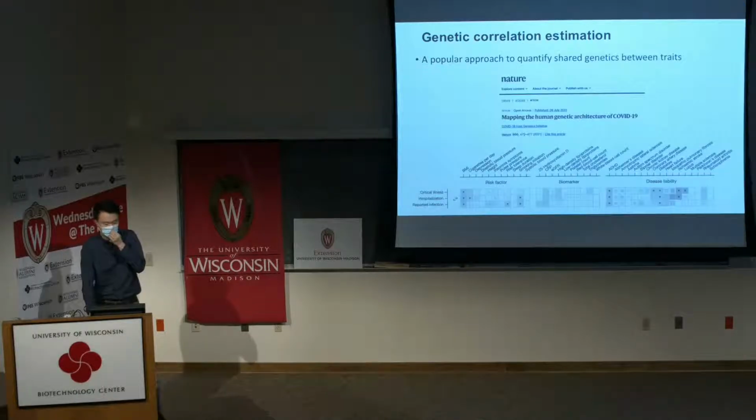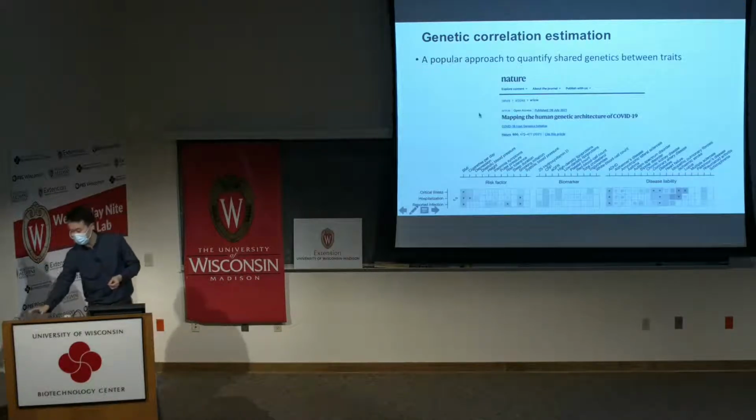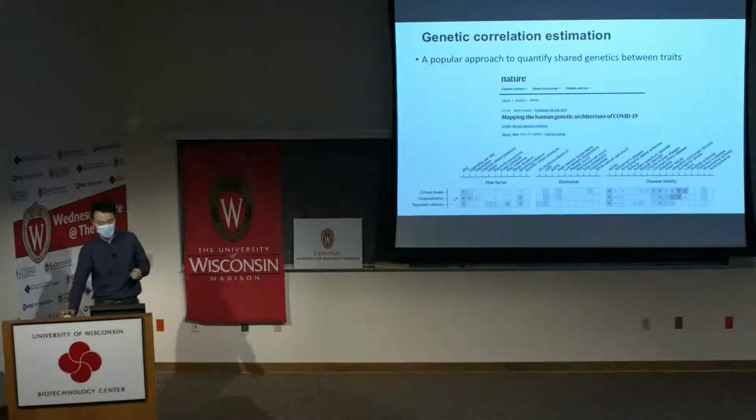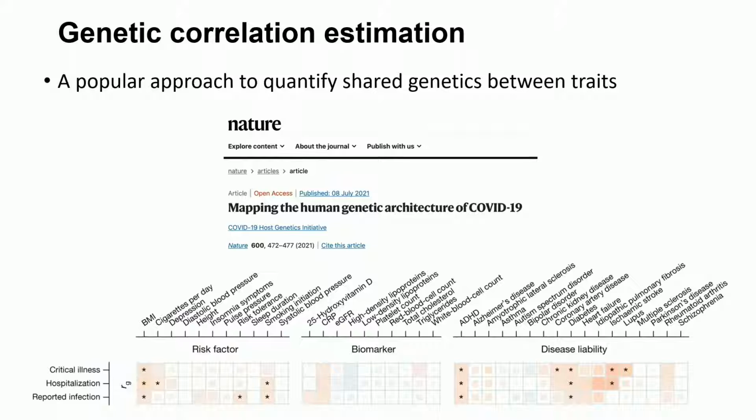This is background. I'll give you one example. I think it's a fun example because people actually did this for COVID genetics. You can do COVID genetics for reported infection, which is basically testing positive versus negative, or for hospitalization, so more severe cases, and then test genetic correlation with everything out there. You can see that whether you get COVID or not, whether you test positive or not, there's a very strong genetic correlation with risk tolerance. The higher tolerance you have to risks, maybe it quantifies the kind of behavior you're going to be engaged in, and then you have a higher risk for getting COVID.